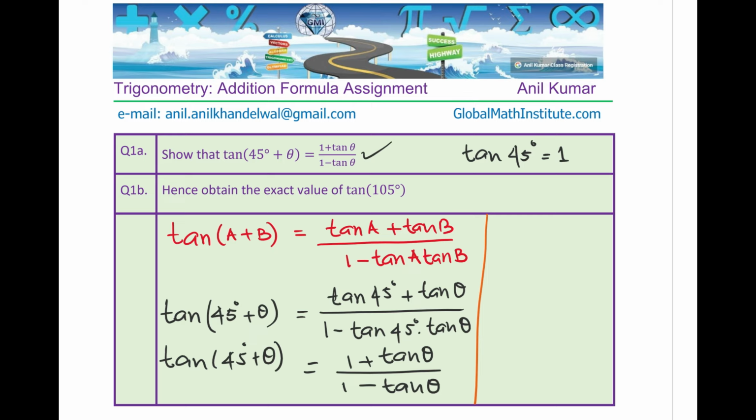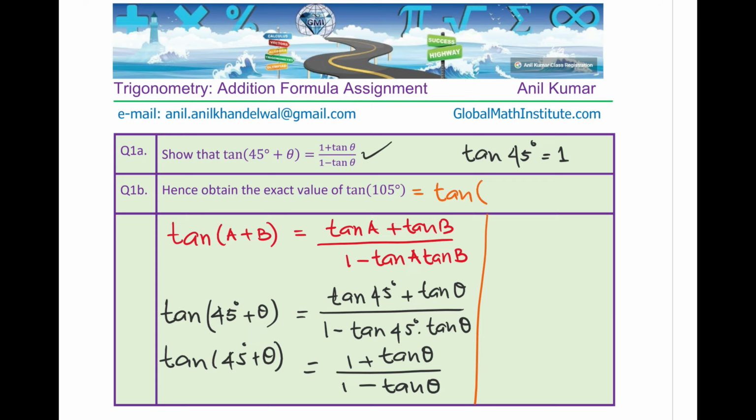Now let us see how we find the exact value of tan 105. Can you take tan 105 as tan of 90 plus 45? That will not work. Then what?